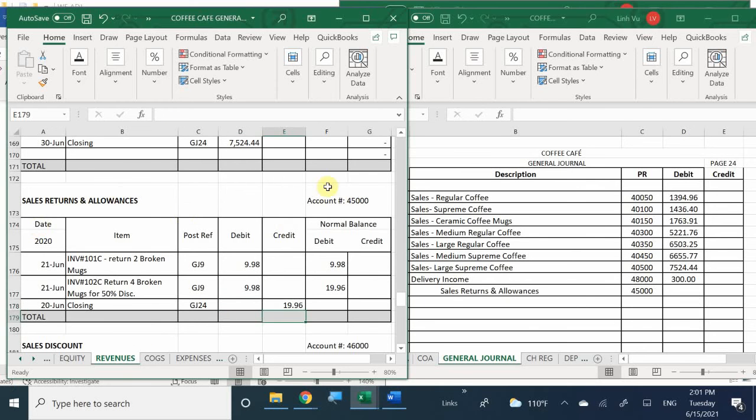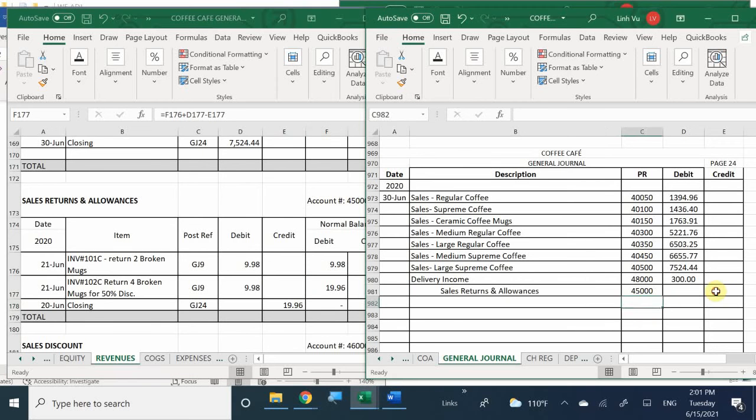All right, which should bring my account balance to be 0. Okay. So here we have it. Sales returns and allowances account number 45,000 for my credit balance of 1996. Okay.